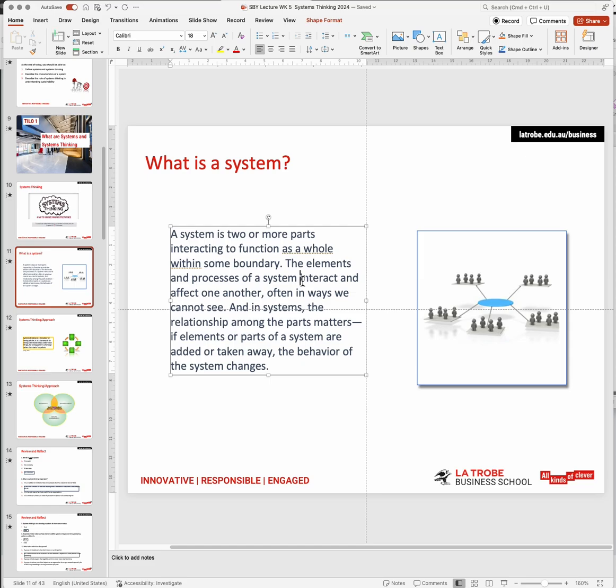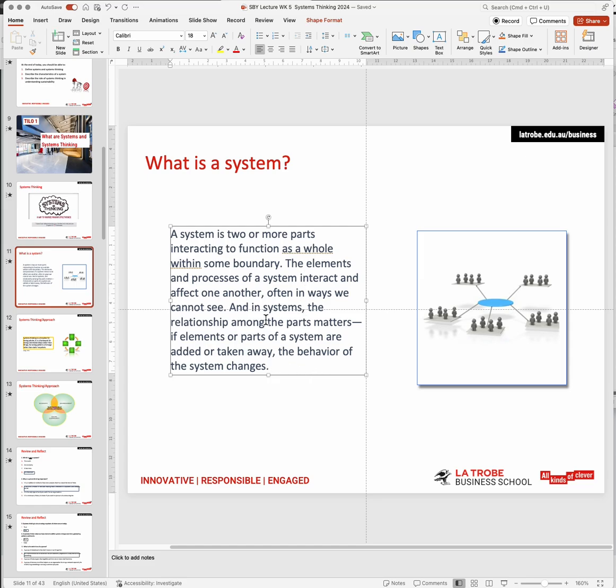If you try to think of anything in the universe that exists by itself, it's actually not easy. I don't think there are many things in the universe that operate by themselves. So a system is anything that is more than one thing, and therefore when you consider the world, it is made up completely of different systems that interact. And therefore, if you want to understand how the world works, you need to employ systems thinking. So it's a pretty universal tool that we can use.